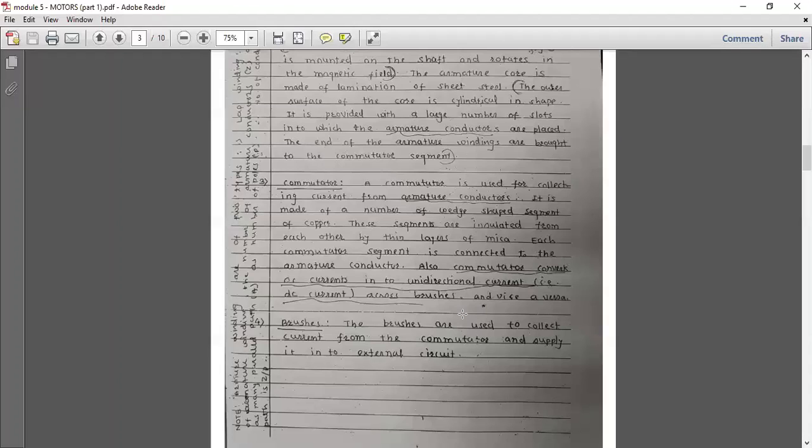It is used to collect the current, and it is made up of thin layers of mica. The brushes are used to collect the current from the commutator. So there is the field winding, armature core, commutator, and brushes. And now these brushes have a supply from an external unit.